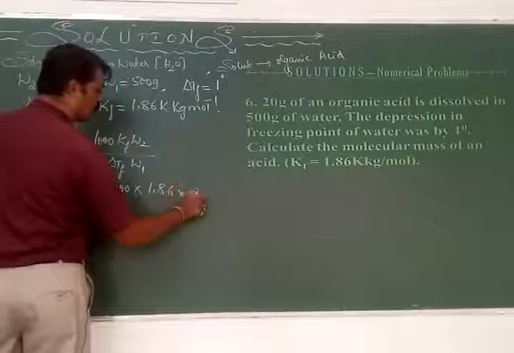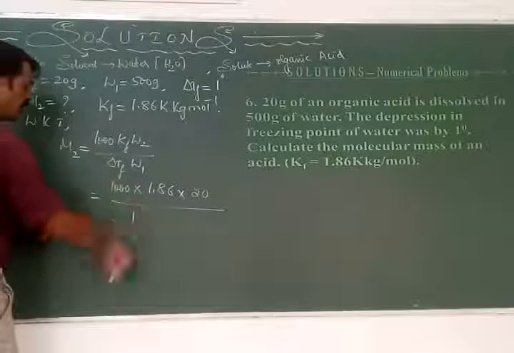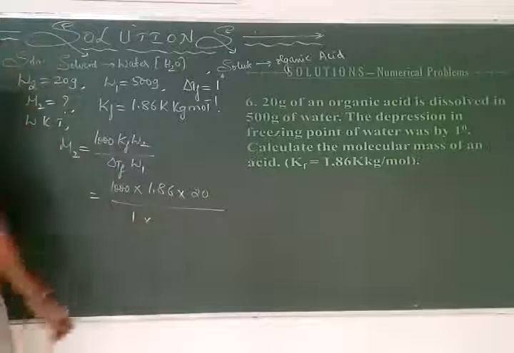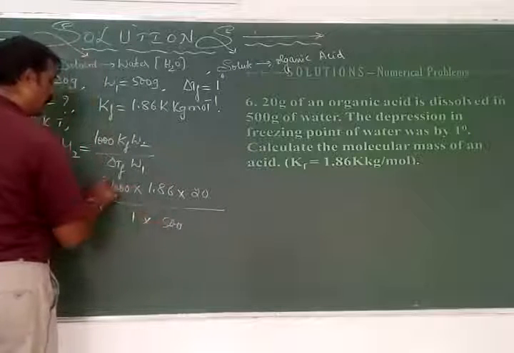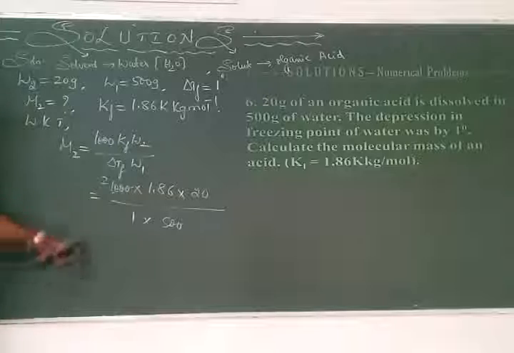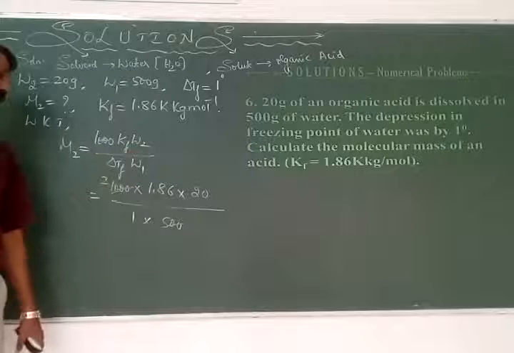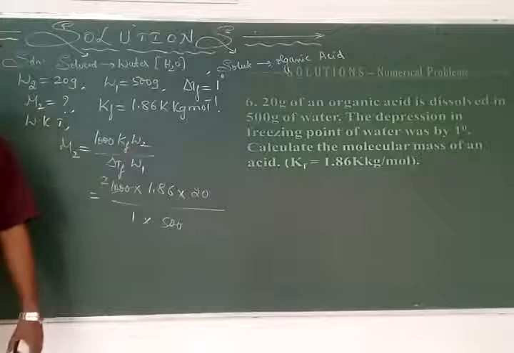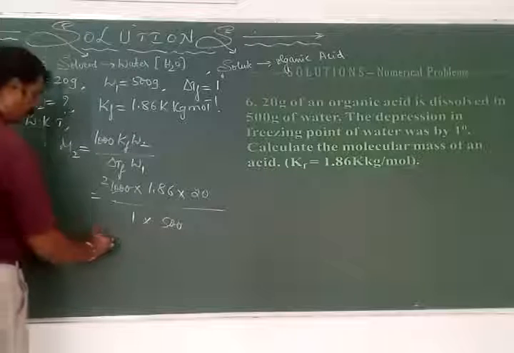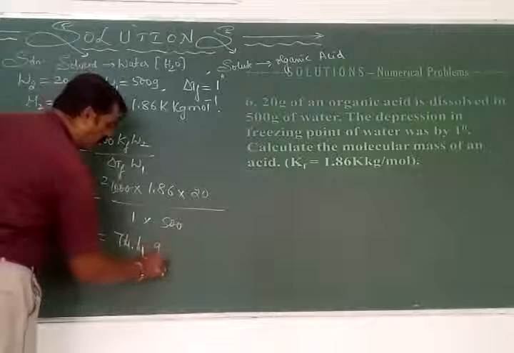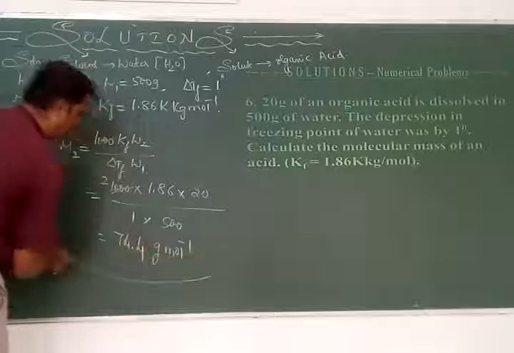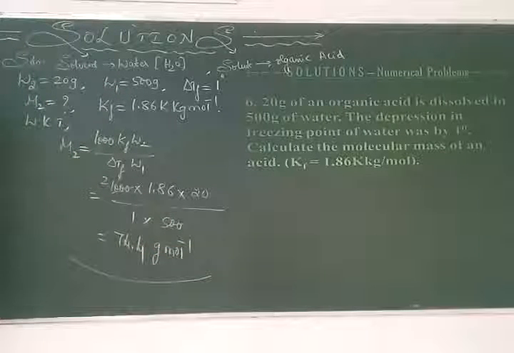Mass of the solute is 20 grams, divided by delta Tf is 1 into W1, the mass of the solvent, which is 500. So I get nearly 74.4 here. As M2 is a molecular mass, it is gram per mole. What is 74.4 here?